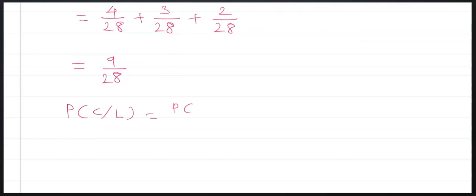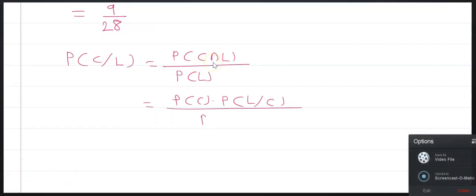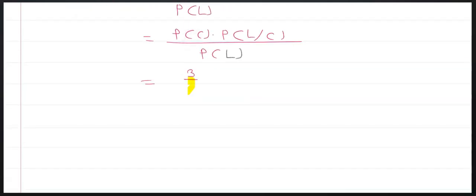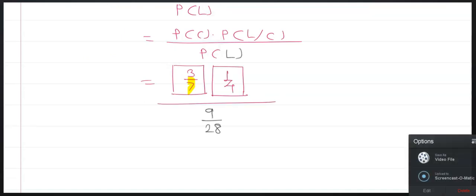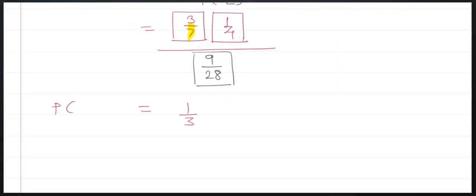And the probability of C conditional L is equal to the probability of C intersection L upon the probability of L, that is equal to the probability of C into the probability of L conditional C upon the probability of L. Substitute the values, 3 by 7 into 1 by 4 upon 9 by 28. Therefore, the probability of C conditional L is equal to 1 upon 3.